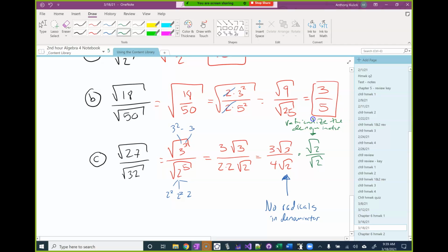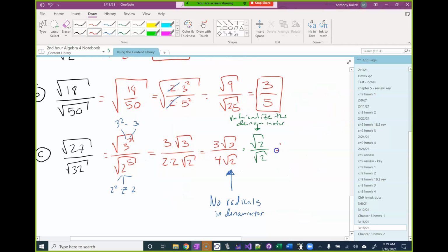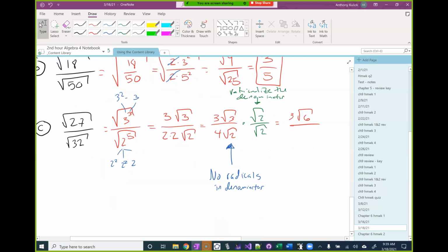So in the numerator, I have 3 times the square root of 3 times the square root of 2, or just 3 square root 6. Everybody's okay with that? In the denominator, square root of 2 times square root of 2 is 2, so 4 times 2. Is everybody okay there?